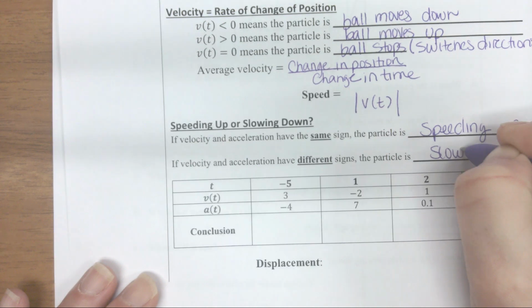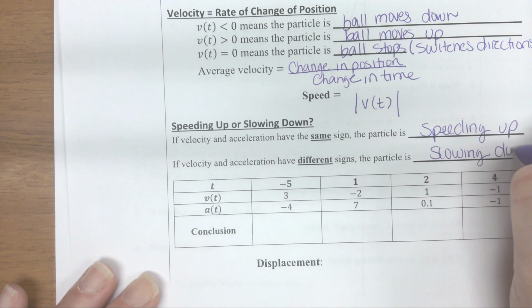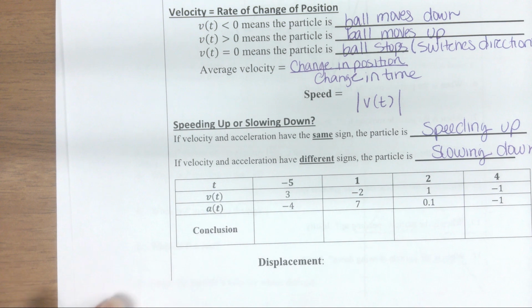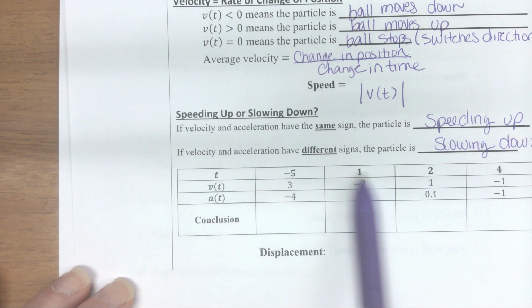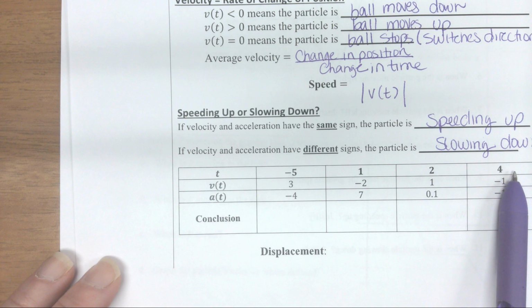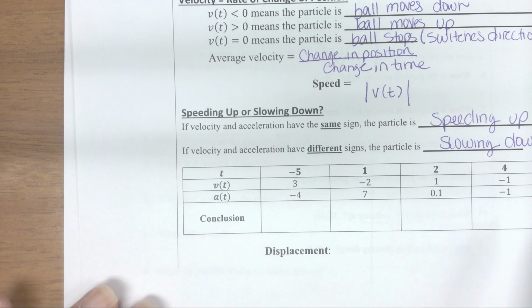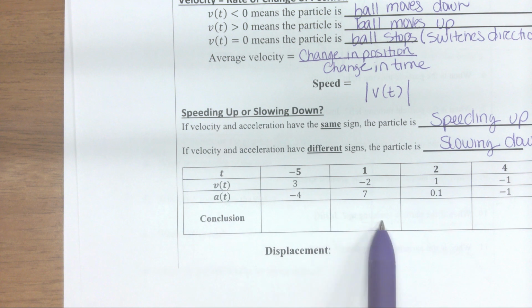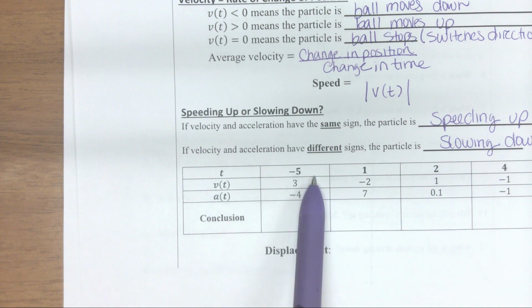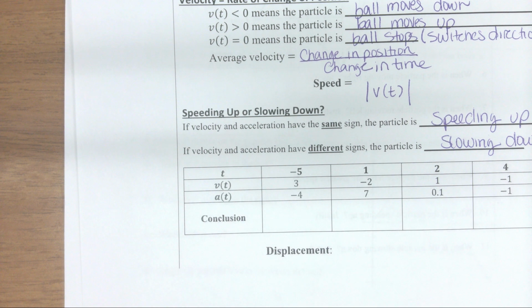Okay. At your tables, I have a specific time, and I have the velocity and the acceleration at those specific times. At your table, can you come to a conclusion about what the particle is doing at -5, 1, 2, and 4? Just real quickly, based on what we just talked about.